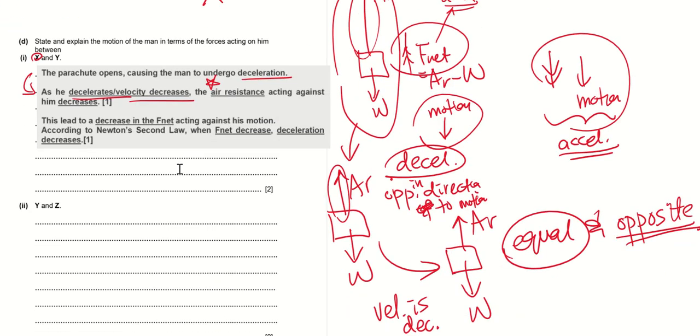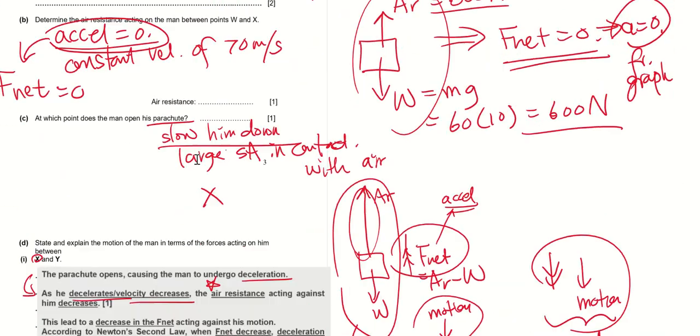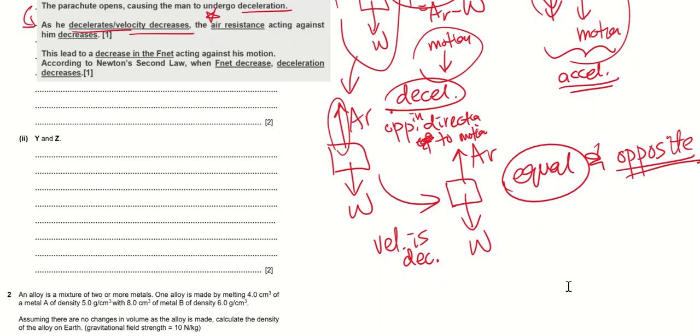Okay. Now, how about y and z? Y and z is what I have talked about in this last part. Eventually, your air resistance is equal to W, right? The air resistance keeps changing. The air resistance keeps decreasing because of the decrease in velocity. So how do we phrase our answer?